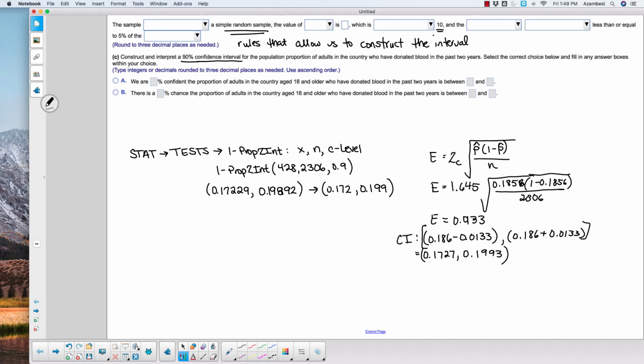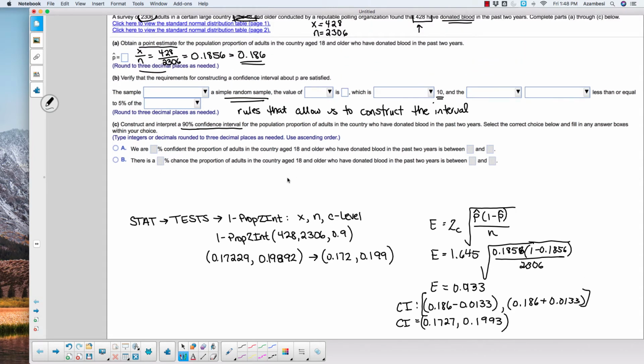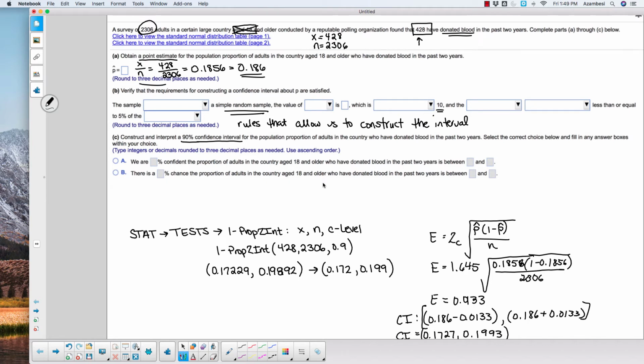Now you notice that there is a little bit of a difference based on the calculator method and the table method, and that's okay. It's based on rounding. So we're rounding intermediately on this side, but not on this side. The calculation's all at once. My stat lab will take it both ways. When we do a test, it will also be okay both ways. So which method you use is up to you.